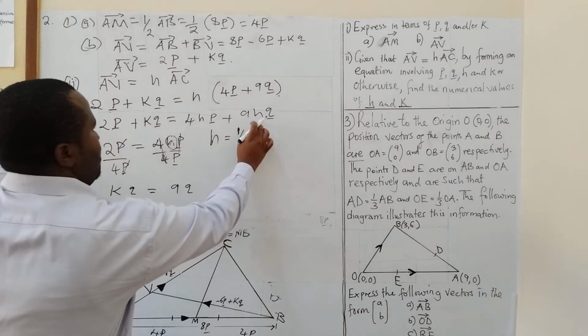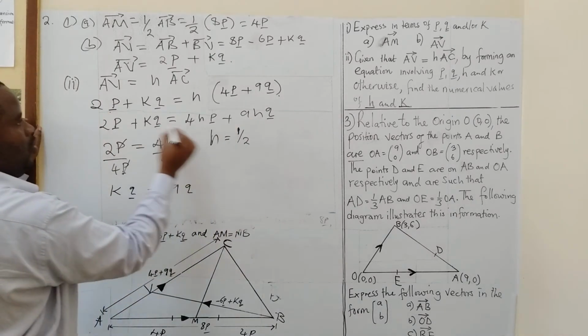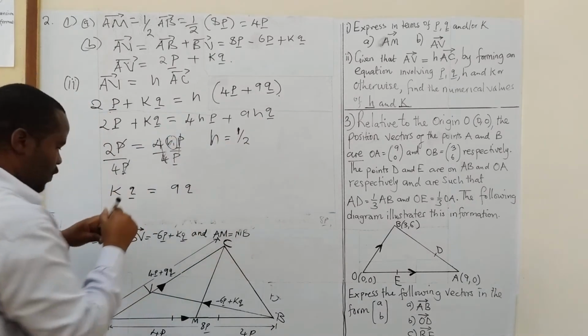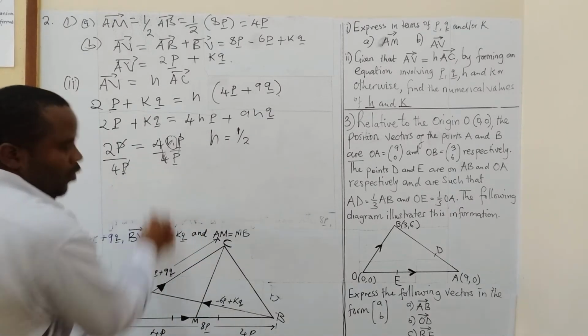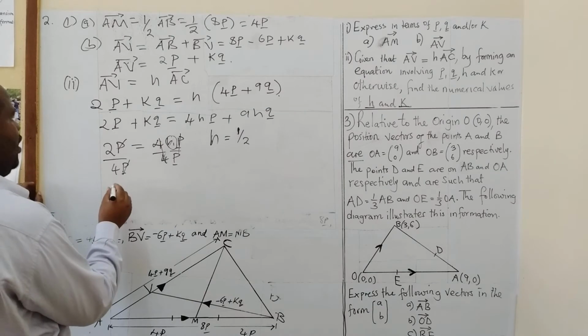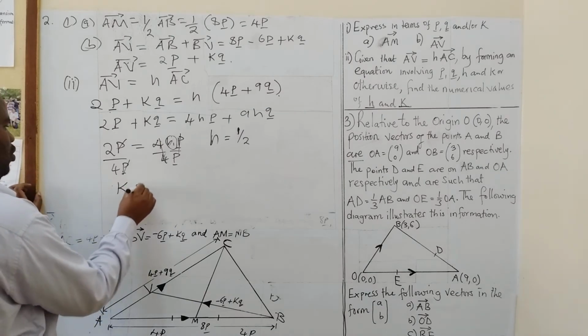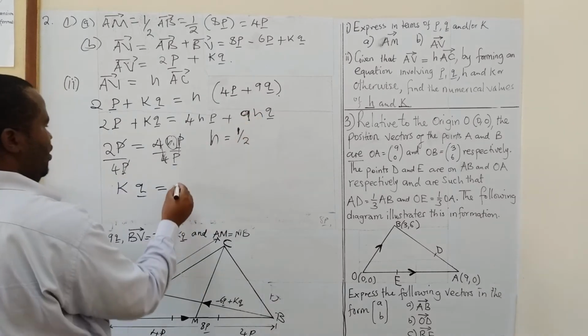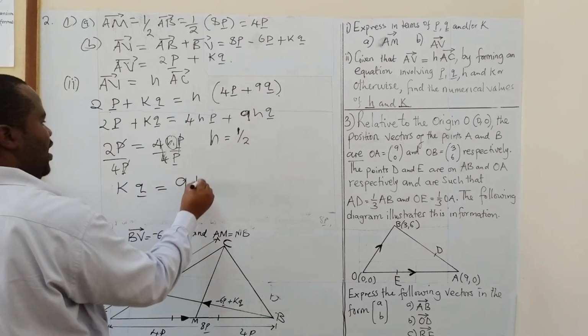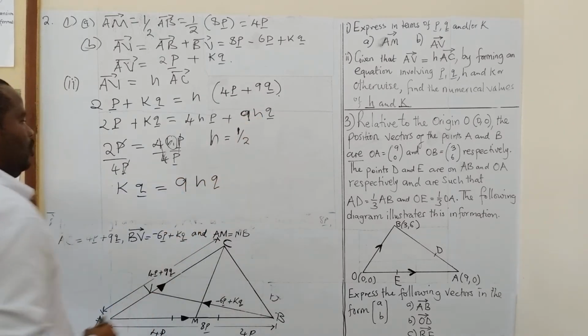Take note. We are given KQ and 9HQ. So we have KQ, that is equal to 9HQ. Alright.